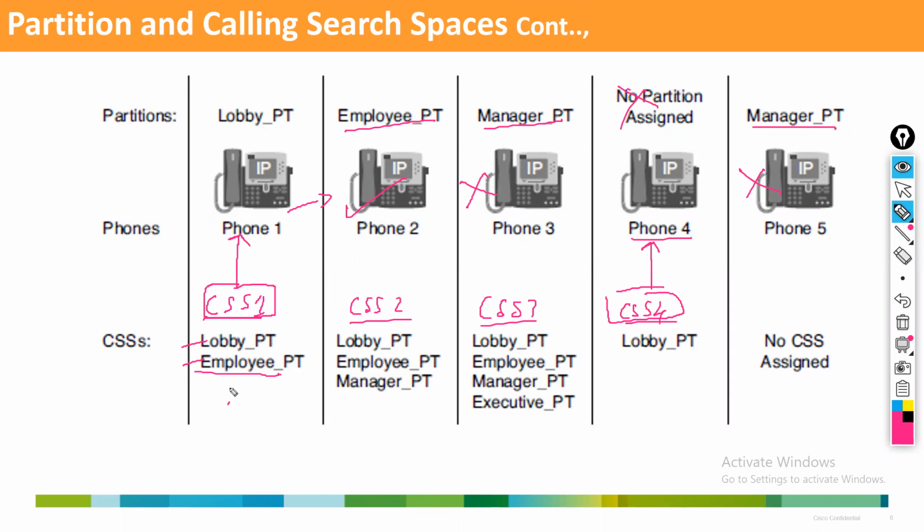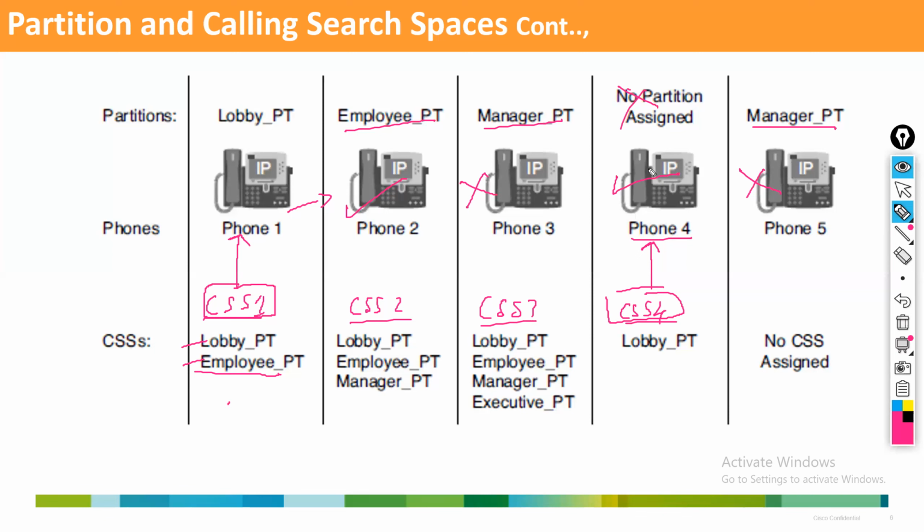The destination partition exists under CSS1. Where? Then can you dial from phone 1 to phone 4? Default means what? But in the CSS, we have access to the lobby partition. That is different. Now from phone 1, I can dial to phone 4.